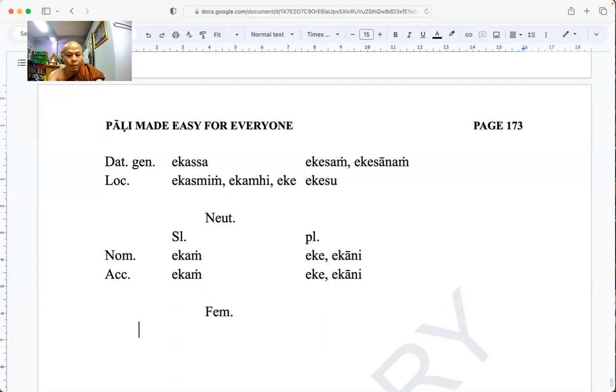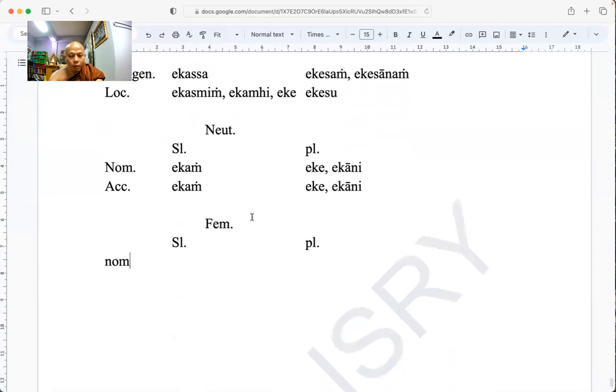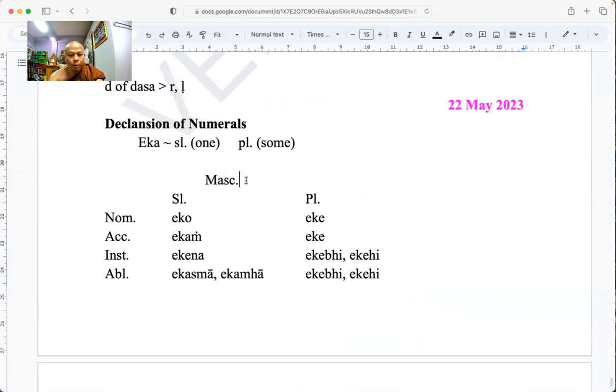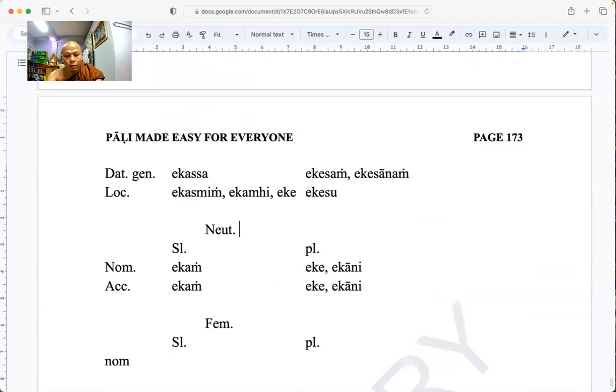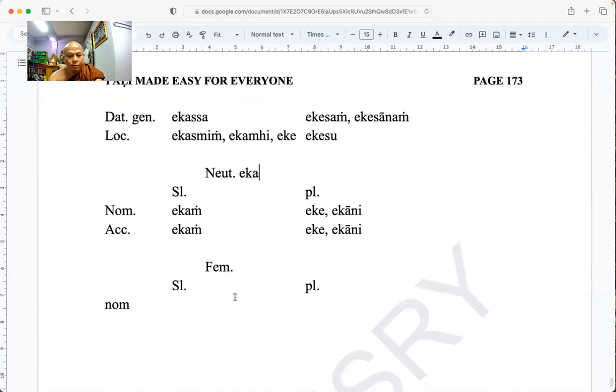For the feminine gender, singular and plural, nominative case. For masculine, the stem is eka we use, and neuter stem also eka, but for feminine the stem is ekaa, like kanya mostly, or ya or something.